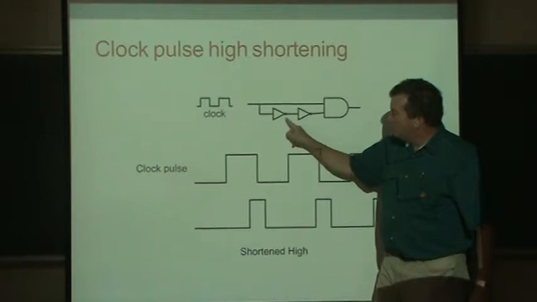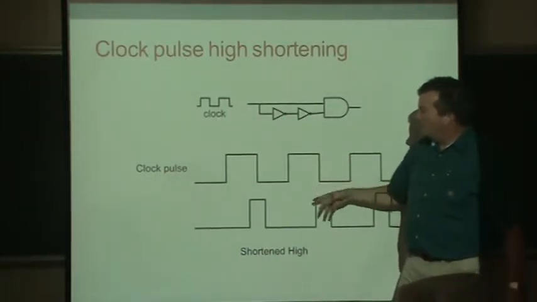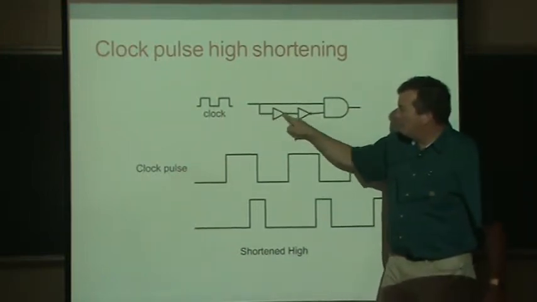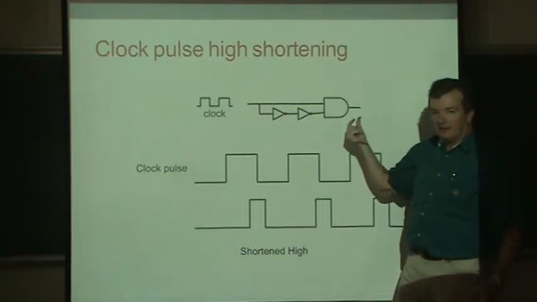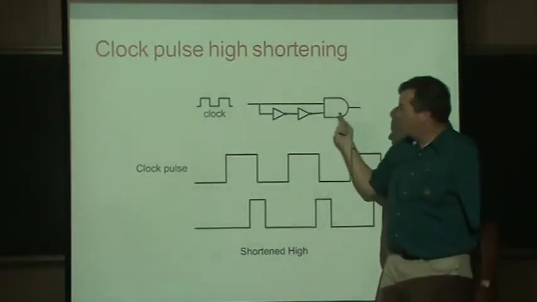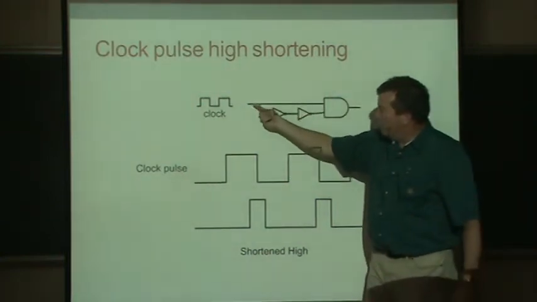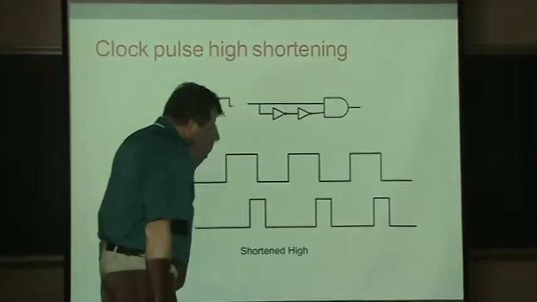But we could put a longer delay here, and what that would do is say when this is a 1, this one might take a little while for it to become a 1, so there'd be a little bit of a delay when we switch this to 1 before this turns into a 1. And then when we shut this one off, this would immediately shut off. So what we'd end up doing is having the highs.